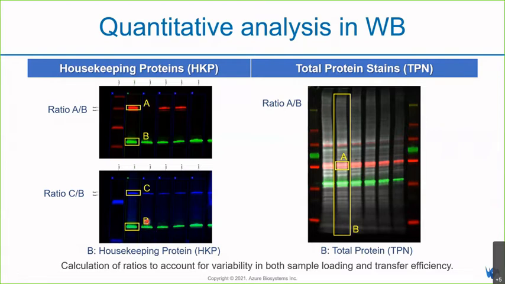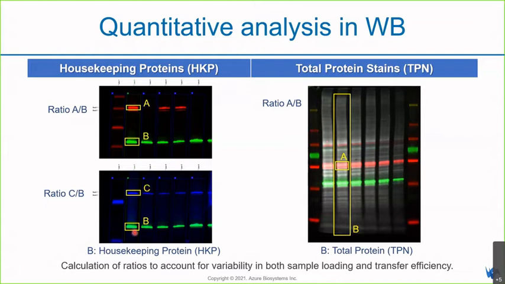For housekeeping protein normalization, as you can see here, it is rather straightforward. The normalized value of your protein A will be the ratio of A divided by B, where B is your housekeeping protein. And if you're looking at protein C, the value will be C divided by B.